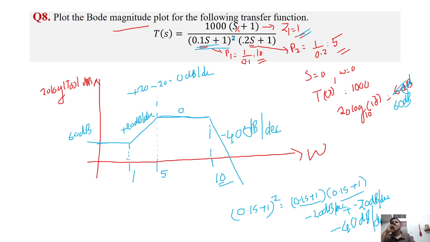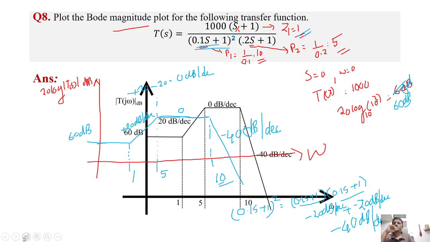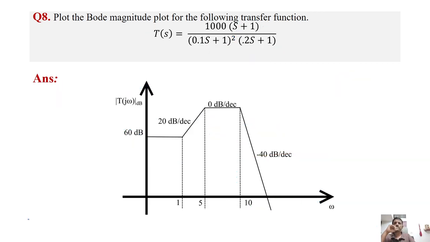There is no other term, so this will be the Bode magnitude plot of this transfer function. That's what I have drawn here. I will just clear whatever I have drawn now. So there are three corner frequencies, 1, 5 and 10. Till 1, when s equal to 0, it is 60 dB, and from 1 the roll off will be plus 20 dB.